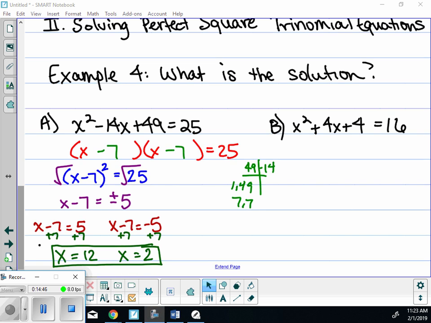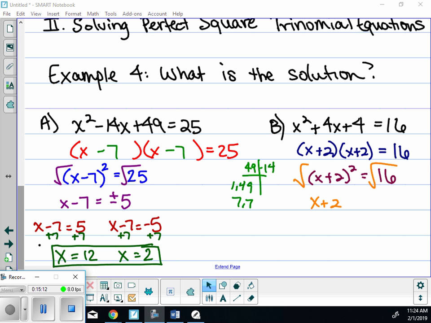If we factor x squared plus 4x plus 4, 2 numbers that multiply to 4 that also add to 4 are 2 and 2. So x plus 2 squared equals 16. Take the square root of each side.